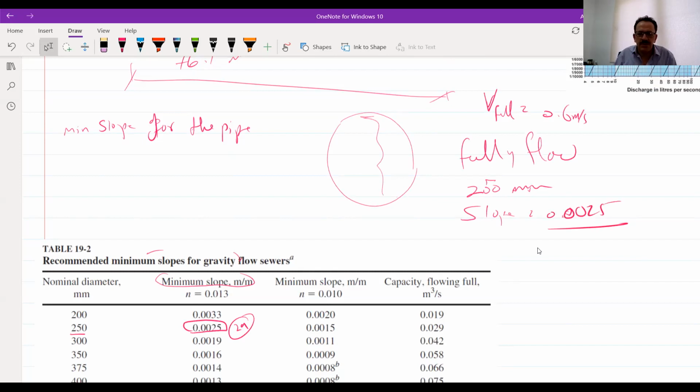Now what I will do, I will increase that slope, because later on this is not going to be full flow, it should be partially flowing, so this velocity is going to be a lower one. We will check that one. So I'm using more than this one, so I will use 0.0026. Or you can check this one. If I have 0.0025, 0.0245, I will get another velocity.